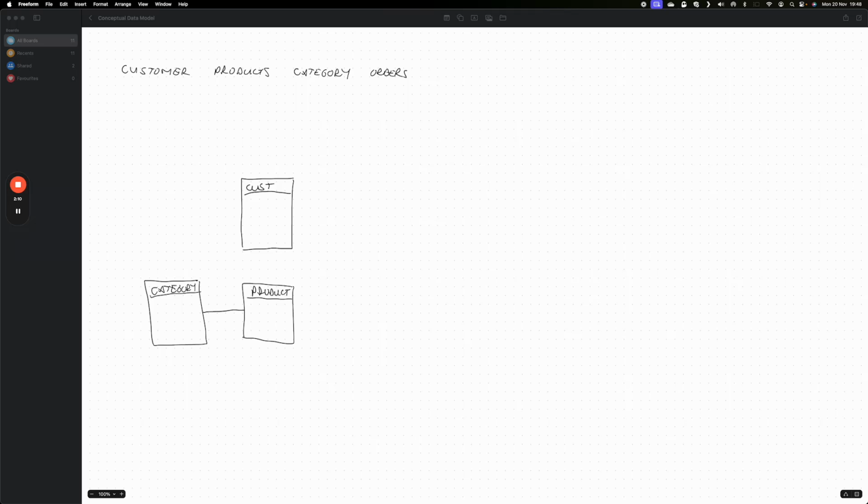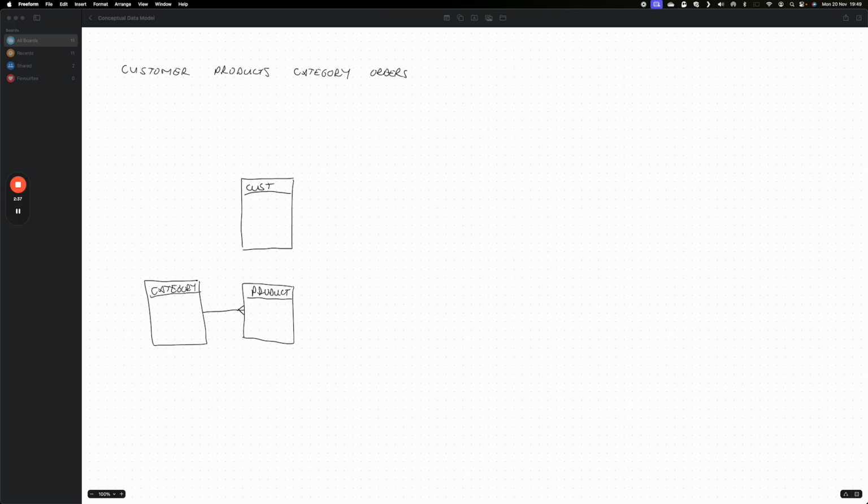And also what we're saying is that one category can contain many products. So the way that we would annotate this is using something like that. It's called a crow's foot, and essentially it shows the relationship here of one category can contain many products.